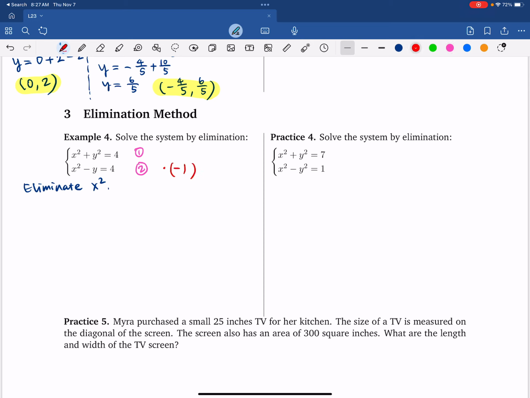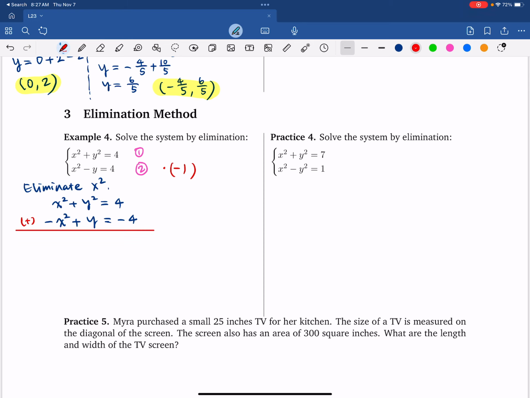If I do that, my x squared will become negative x squared, which will allow me to eliminate by adding it to the first equation. Copy the first equation, and then multiply the second equation by -1. You will get negative x squared positive y equals -4. And then we can add them. So let's add these two equations.